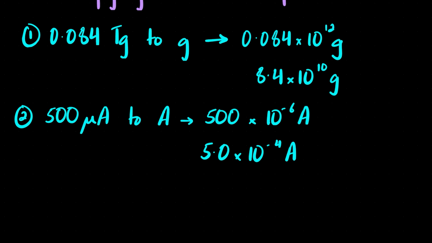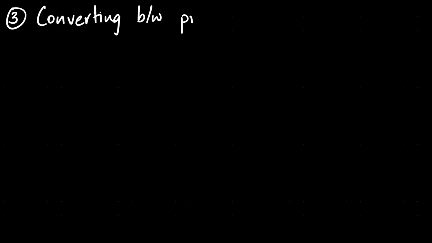The third type of question that could also be asked here is if you have to convert between prefixes. So converting between prefixes. And this is important because if you think about, for example, the SI unit of mass, which is kg, I would always have a k in my final answer if I am working with SI units.